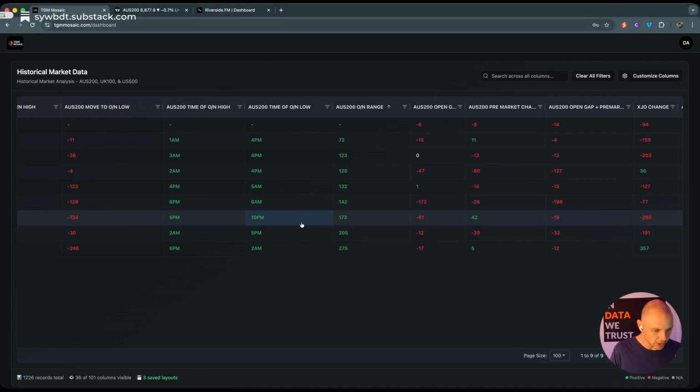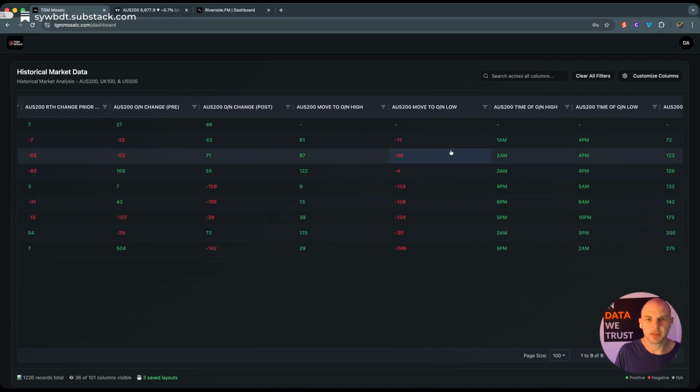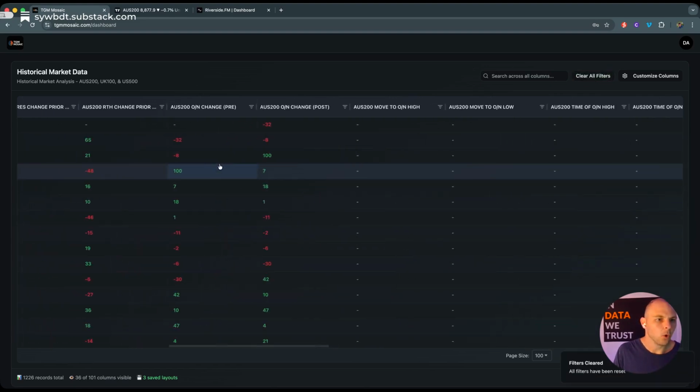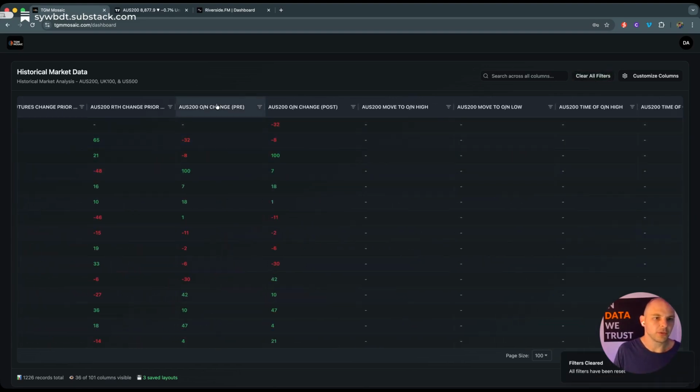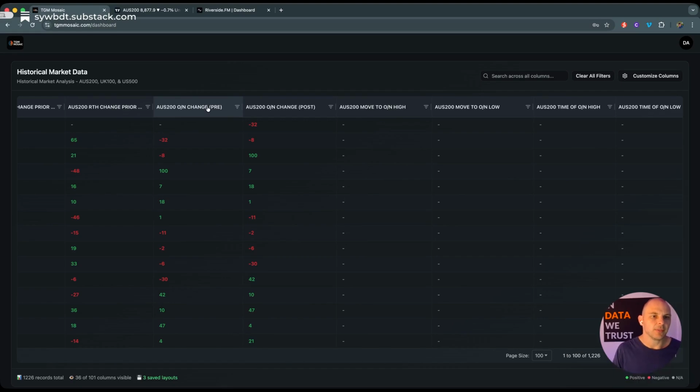What else can we look at? All right, so let's take a step back here. Why do we want to know what the overnight move is, okay? That obviously gives us a sense of the pre-positioning for the day. As I said in the earlier video, that's essentially an algorithm as to, okay, the S&P's done this, commodities, FX, all the rest of it.